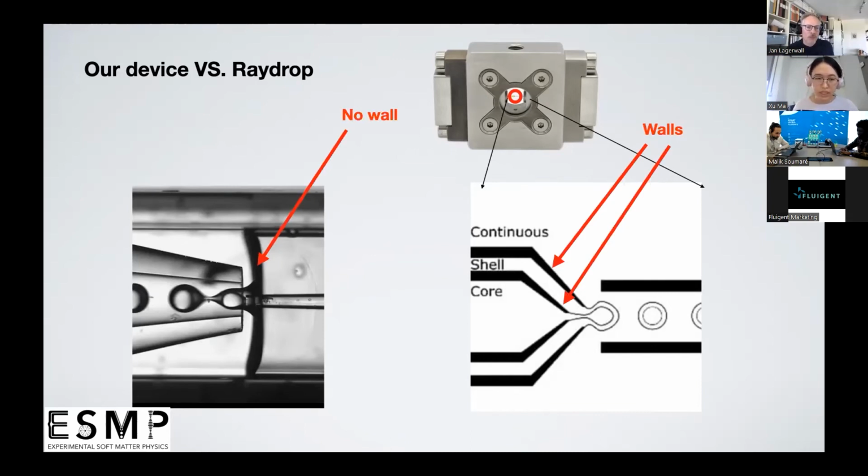comparison of continuous flow and shell flow. So the Rejob device, these two walls will enhance the stability of the production and will produce monodisperse shells.